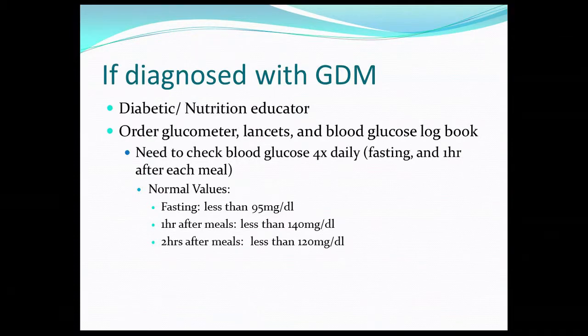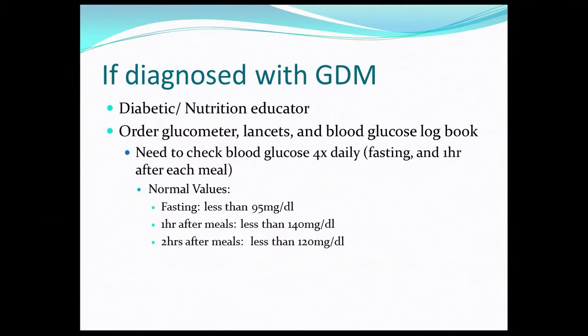It's only to have a better lifestyle, making sure that you eat correctly and have some form of exercise in it. Your doctor will also order a glucometer, which is a machine that is used to measure your blood glucose. Lancets are what we use, which you would prick yourself with so that you can obtain the blood to place on the glucometer. And I think one of the most important things is your blood glucose logbook.